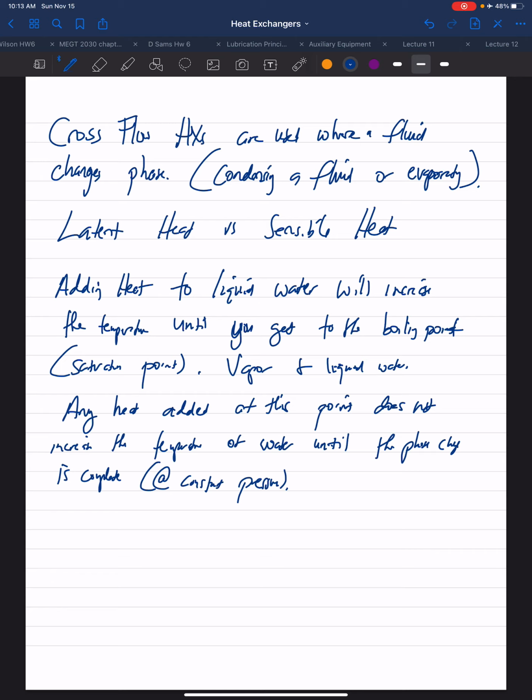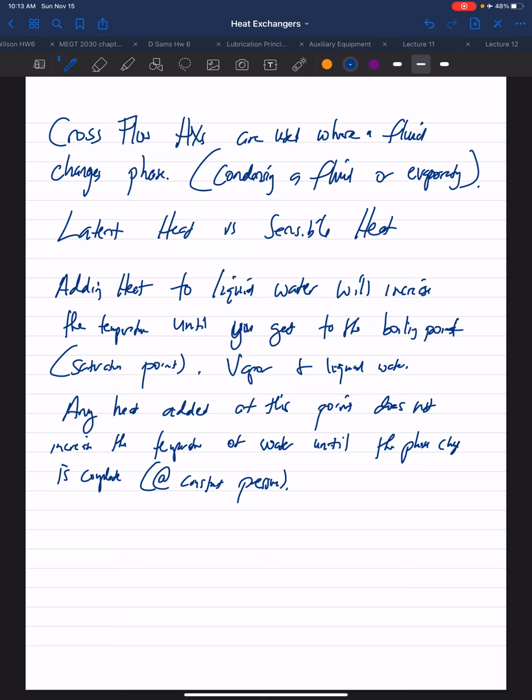So basically, liquid water at a constant pressure, as you increase the heat added to it, the temperature increases. But once you get to the saturation or boiling point, any additional heat added will not cause an increase of the temperature of the liquid water. It just assists in changing the phase, liquid water to vapor.